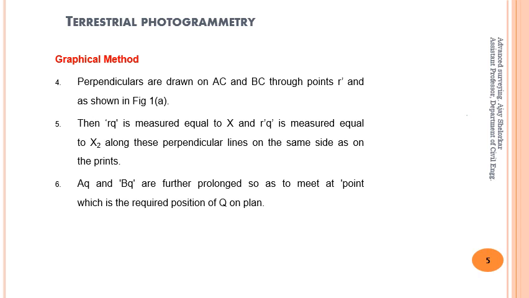Then RQ is measured equal to X1, and R dash Q dash is measured equal to X2 along this perpendicular line on the same side as on the print. AQ and BQ are further prolonged so as to meet at a point, which is the required position Q on the plan.